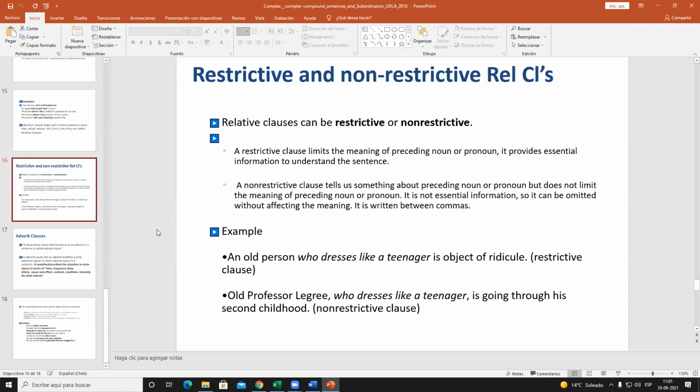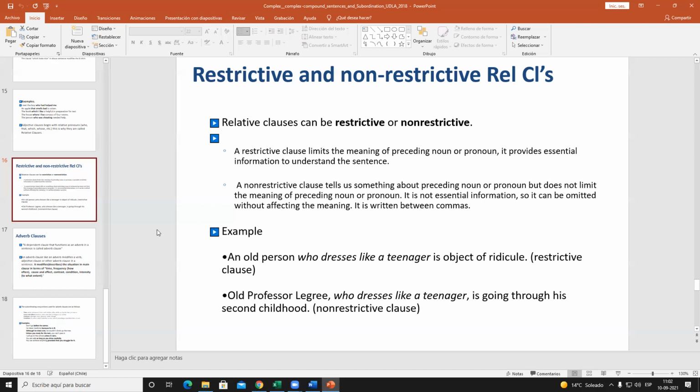Relative clauses can be restrictive or non-restrictive. A restrictive clause limits the meaning of the preceding noun or pronoun. It provides essential information to understand the sentence. A non-restrictive clause tells us something about the preceding noun or pronoun, but does not limit its meaning. It is not essential information.